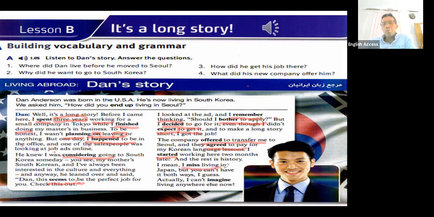These verbs are always with, whenever you use two verbs, you always need the next verb with ing. Okay. I miss living. I started doing a project. I start working tomorrow. Actually, I can't imagine living.